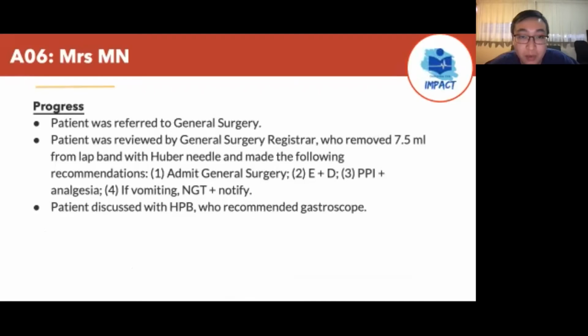So appropriately, after discussion with your consultant, you refer this patient to the general surgical unit. The general surgical registrar came round to ED, reviewed the patient, and thought that a tight lap band could potentially be exacerbating or precipitating the patient's symptoms.